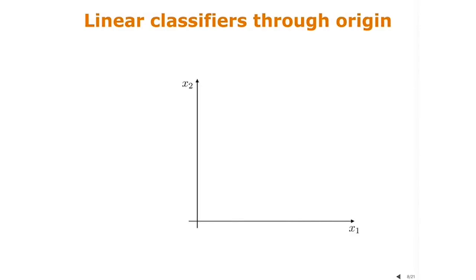All right, so let's start with an even more restricted version, the set of linear classifiers through origin. The only difference here is that the dividing line now is not arbitrarily placed in this 2D space, but it has to go through the origin. So for example, that line could look like so. The equation for this line would be the set of all points that satisfy an equation for a line through origin.